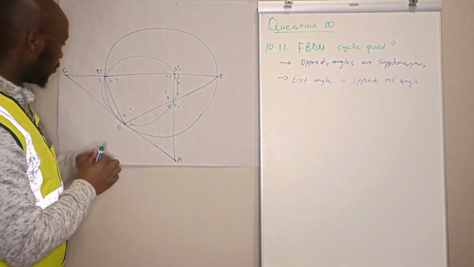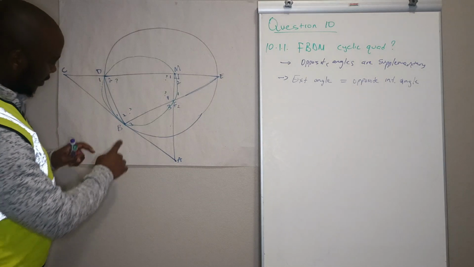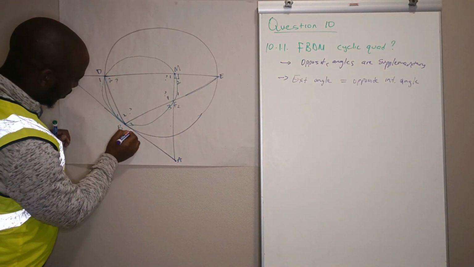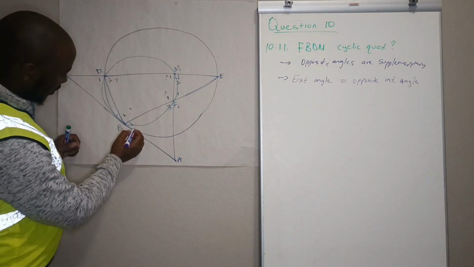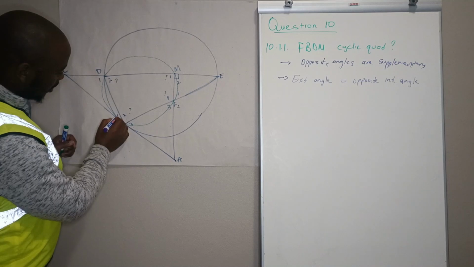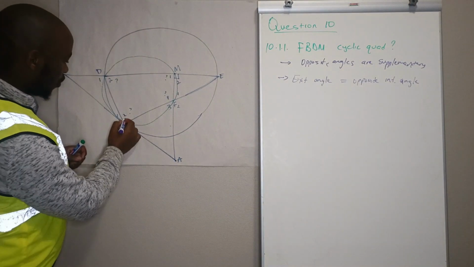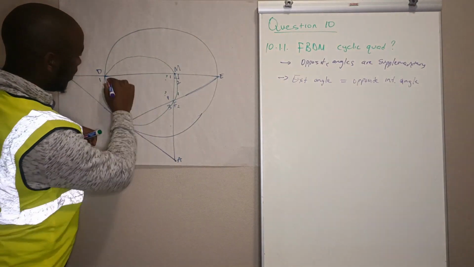So if we look at B2, we see that B2, first of all, lies on a straight line. There is B3, there is B2, there is B1. And another thing is that B2 is in this triangle, triangle BDE.